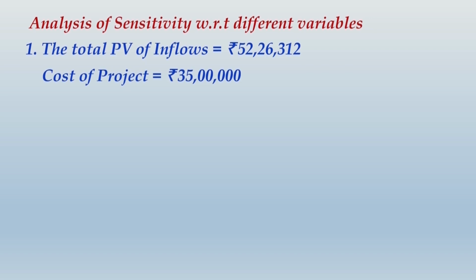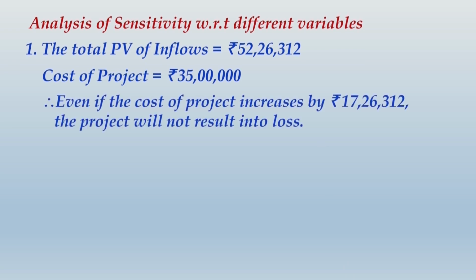So the question is, what if the cost of the project increases? If it increases beyond 35 lakhs, to what level you can tolerate? You can tolerate the increase of cost to the limit of the total PV of inflow. So we can say, even if the cost of the project increases by 17,26,312, the project will not result into loss.